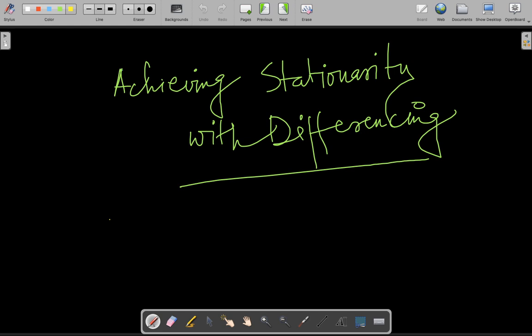But let me first write down the equation that we have been using throughout when I talk about a random walk model. So I write yt equal to, say I take the with drift model, alpha plus yt minus 1 plus some epsilon t.